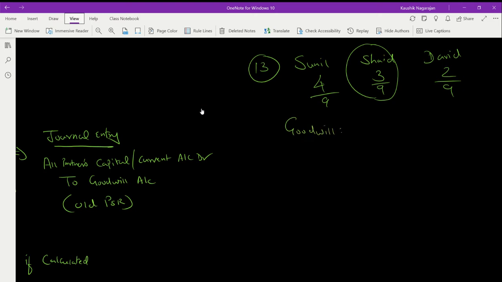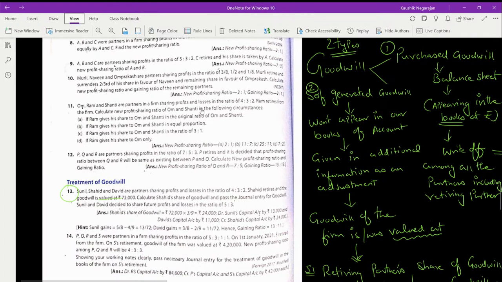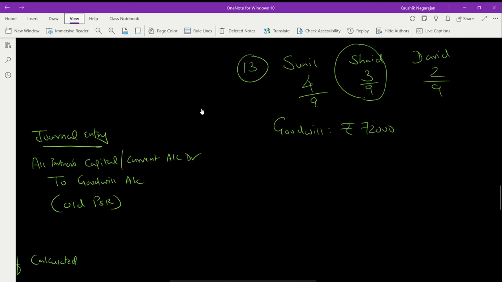But please check what goodwill that is. It's mentioned goodwill is valued at. So if it is valued at, then it is the firm's goodwill, that is called self-generated goodwill. In that case, we need to find out the retiring partner's share of goodwill.